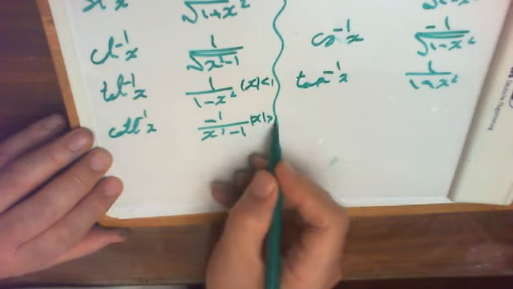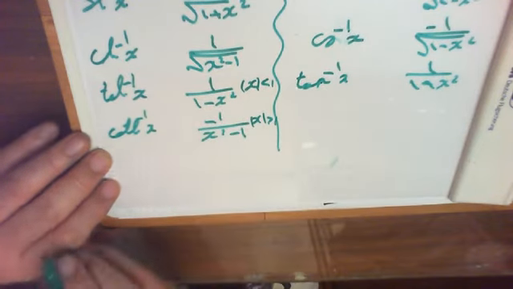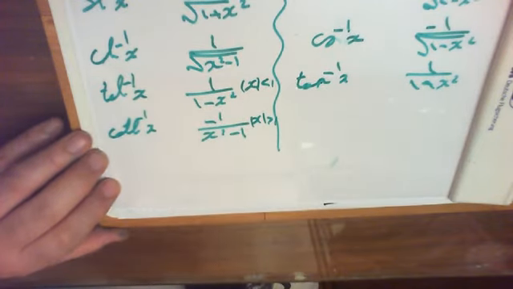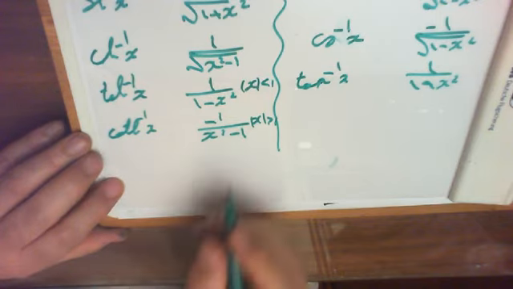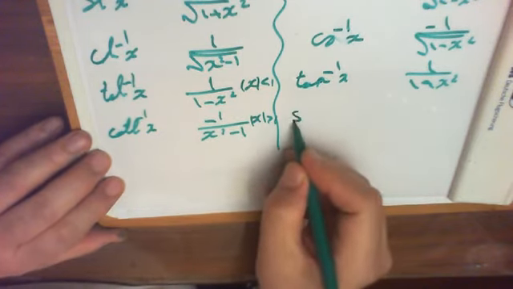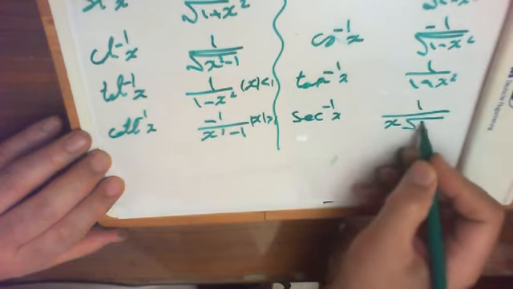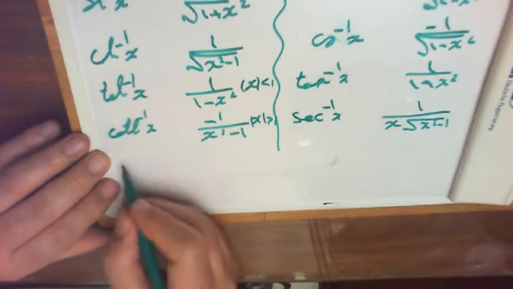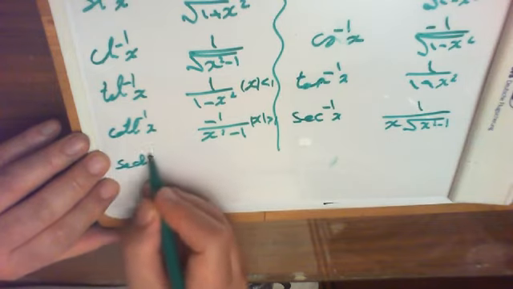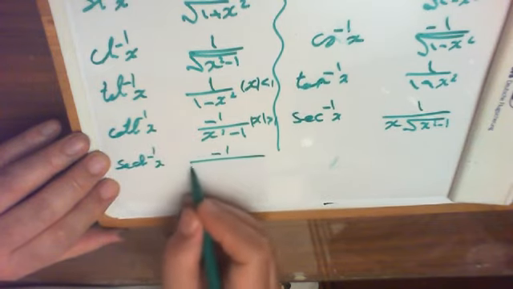This is always positive, this is always negative. Okay? Sec minus 1 is 1 over x square root x squared minus 1. Sech minus 1 is minus 1 over x square root 1 minus x squared.